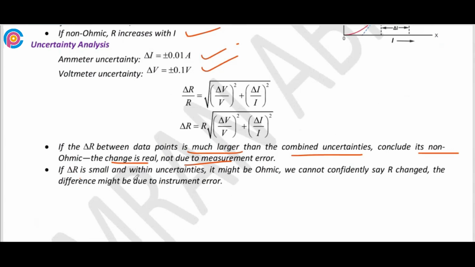If the difference is small, within the uncertainty, we cannot confidently say R changes, since the difference might be due to instrument error. So from the value of ΔR we can determine whether it is ohmic or non-ohmic. If the difference is much larger than the combined uncertainties, it is non-ohmic. If it is minor, it is due to instrumental error, so it is an ohmic device.